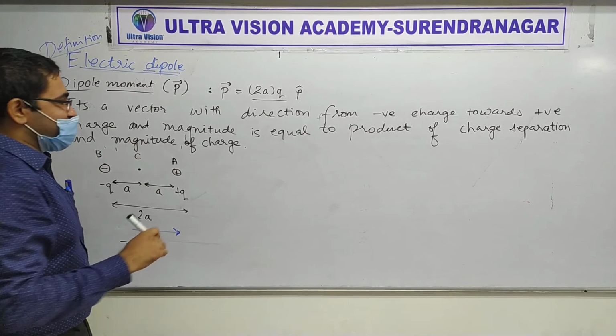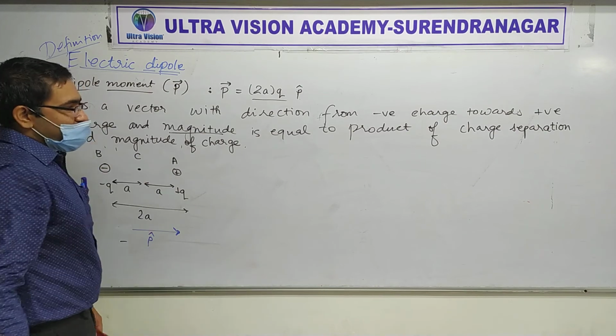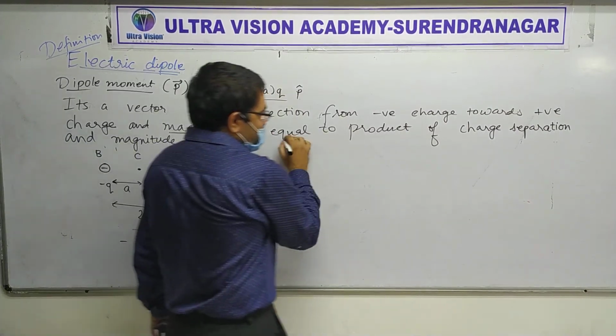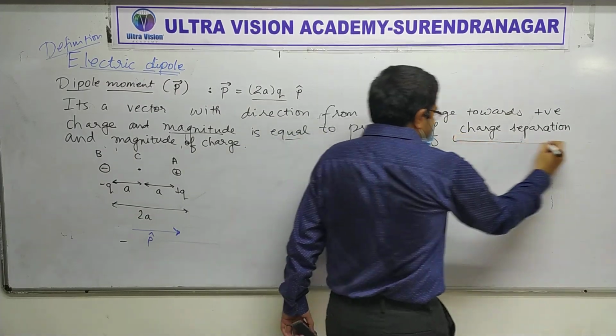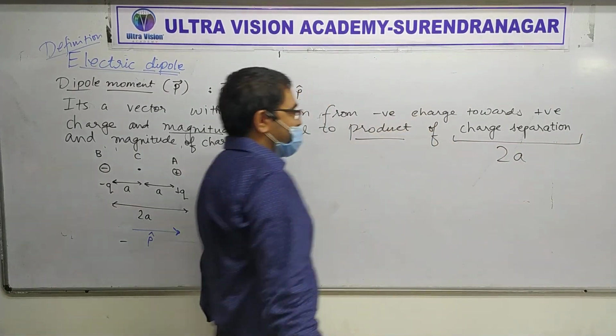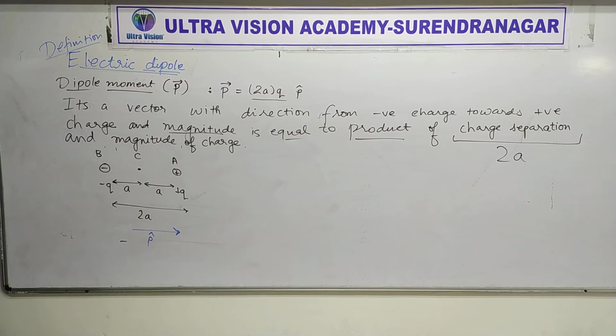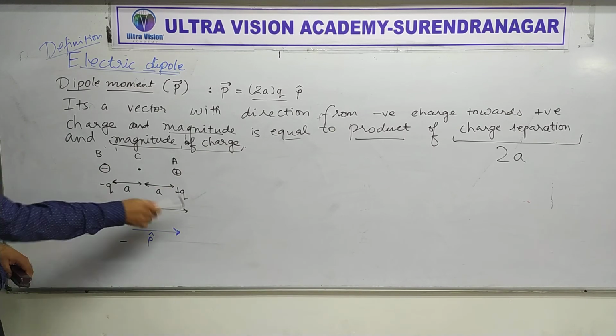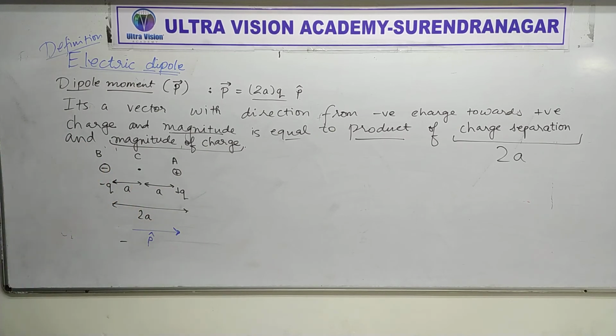Read this definition. Now what about magnitude? What is the magnitude equal to? Have a look. This is the magnitude. Equal to product, meaning multiplication, of charge separation. How much is charge separation? Got it or not? Charge separation is 2a. Yes or no? And magnitude of charge. What is the magnitude of these charges? Q, not 0.